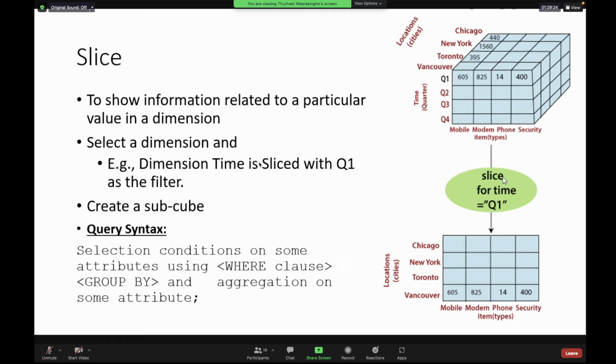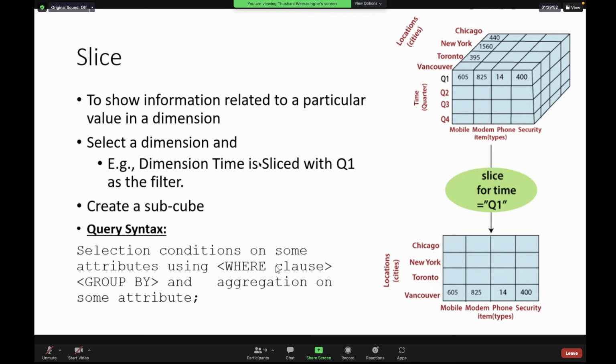Yes, the next is the slice and dice. So here the slicing in the cube is one perspective, and the dice is the other perspective. You can take the information and present it in a different cube. A subcube will be created here.